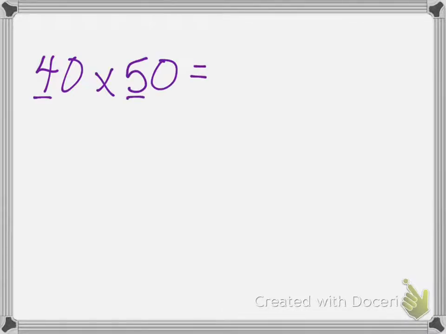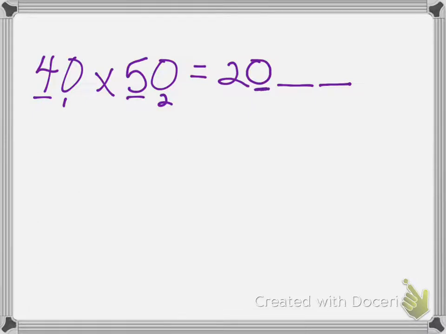Now I'm going to give you a tricky one. Do the first part. 4 times 5 is 20. Now how many zeros? 1, 2. So does that mean we add 2 more zeros, or does that mean we count this as one of the zeros?